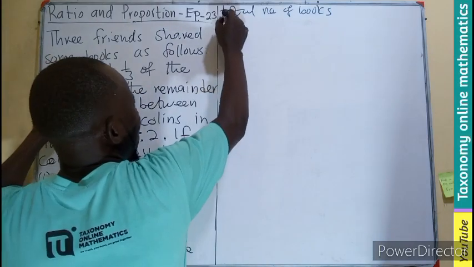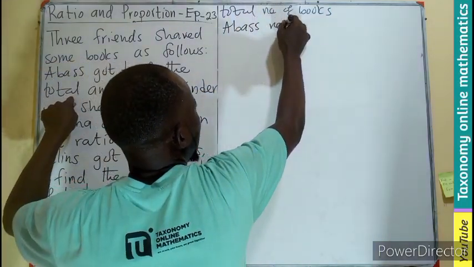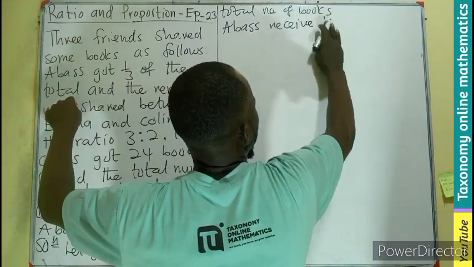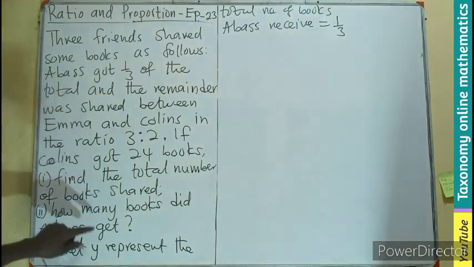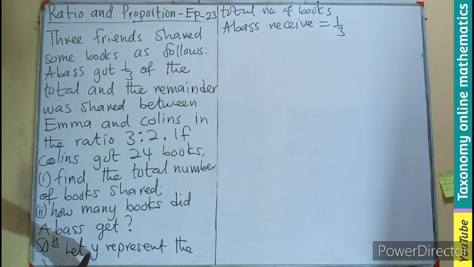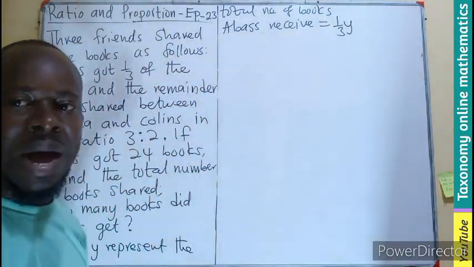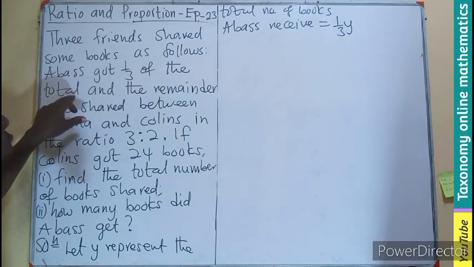So we can say that Abbas receives 1/3 of y, equals 1/3 of the amount, and we know "of" means multiplication. So this is what Abbas is receiving: 1/3 of that total.